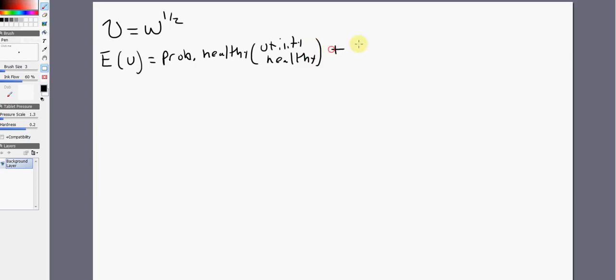This then is going to be added to 1 minus the probability that the golfer is healthy, which is just the probability that the golfer is injured, times the utility if injured.